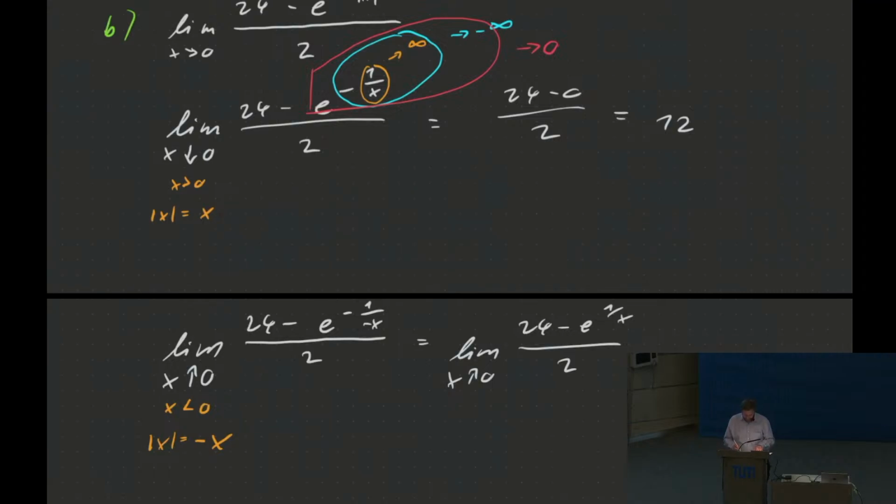And now again, this 1 over x, if x goes to 0 from below, so the x's are negative, that means this will go to minus infinity. And again, that means e to something that goes to minus infinity will go to 0. So again, we get 24 minus 0 over 2, or 12, same value.